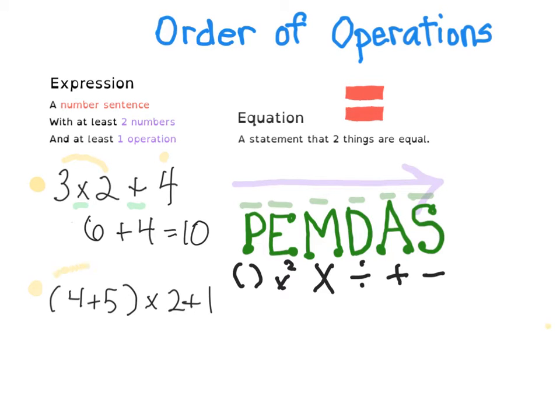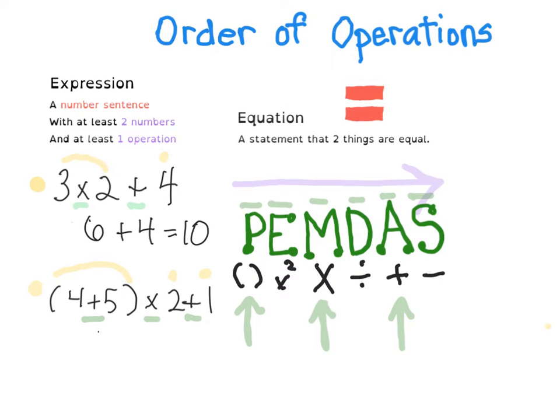We've got a set of addends in parentheses, a factor, and another addend. Our operations are addition, multiplication, and addition again. According to our PEMDAS rules, we would do whatever is in parentheses first, then we would do the multiplication, then we would do the addition.